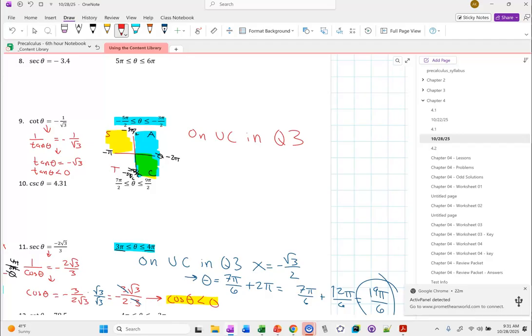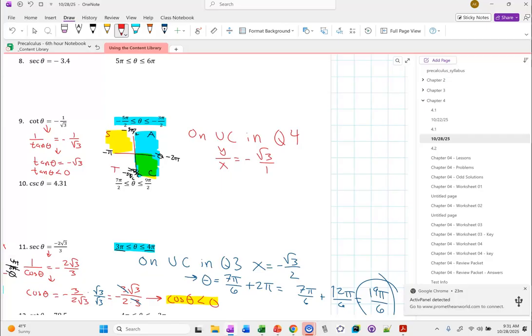And we are looking in quadrant 4. And we're looking for where y over x is equal to negative square root 3, right? Okay with that? Or I could think about it as negative square root 3 over 1.